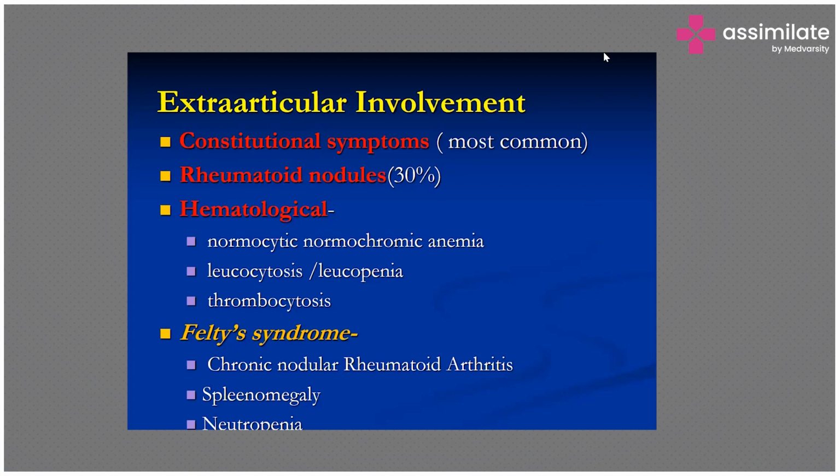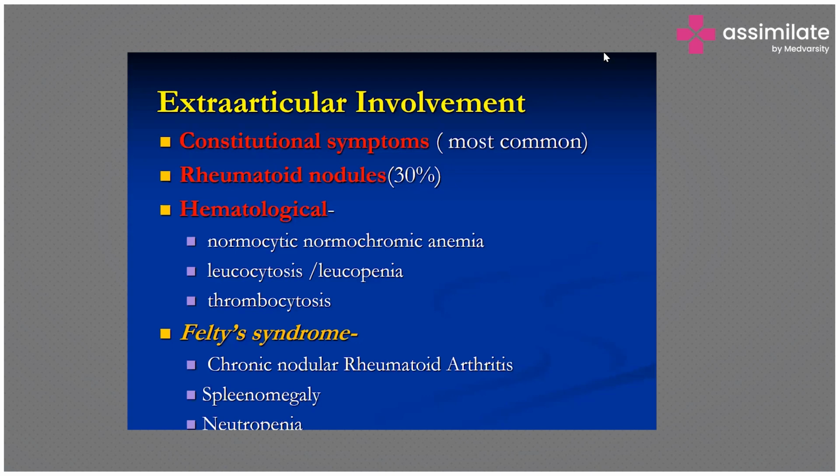If a question comes on the characteristics of Felty syndrome, it consists of splenomegaly, chronic nodular rheumatoid arthritis, and neutropenia. So Felty syndrome has these three characteristics. Which main system is affected in our body by Felty syndrome, in extra-articular involvement?